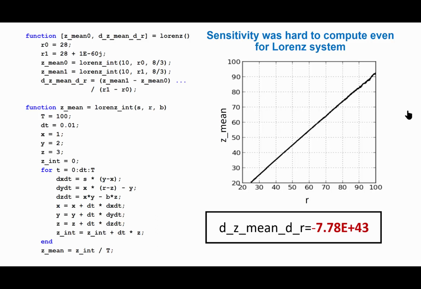If you take the derivative at different R, you get almost random numbers that are also random in sign. So the real line is actually extremely jagged. And when you're taking the derivative, you are taking the real derivative of the noisy line, not the derivative of the long time average. But it's the long time average we want to differentiate, because if we want to do design optimization, this gives you nothing.